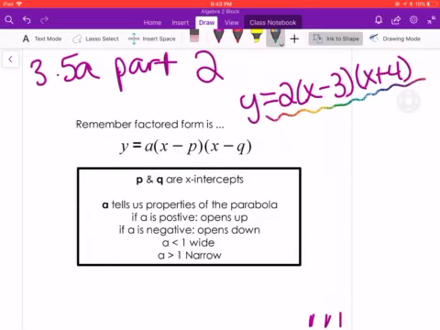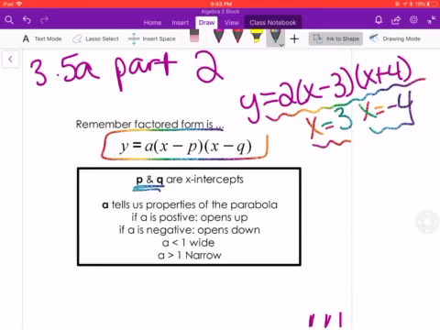And then if this was equal to 0, we'd solve that and you'd say x equals 3 and x equals -4. Well, these are then your x-intercepts. So in general, those are your p and your q in the factored form equation.